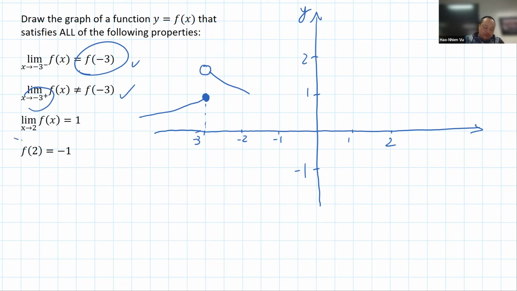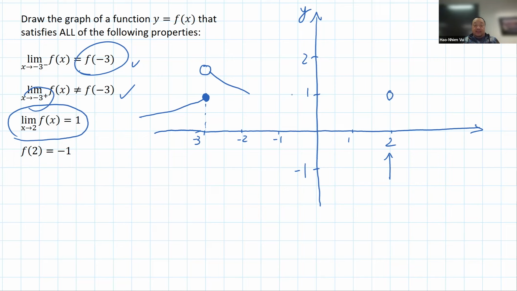Now the third condition is that the limit as x approaches 2 has to be equal to 1. As x approaches the number 2 here, the value of the function has to approach 1. The value of y has to approach 1. So that means it has to approach this point right here, (2, 1).